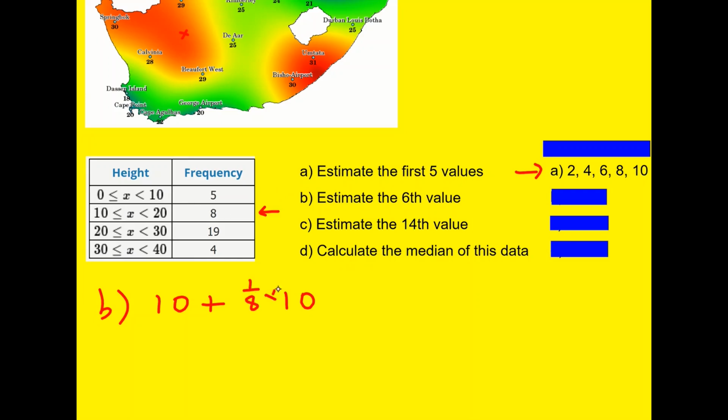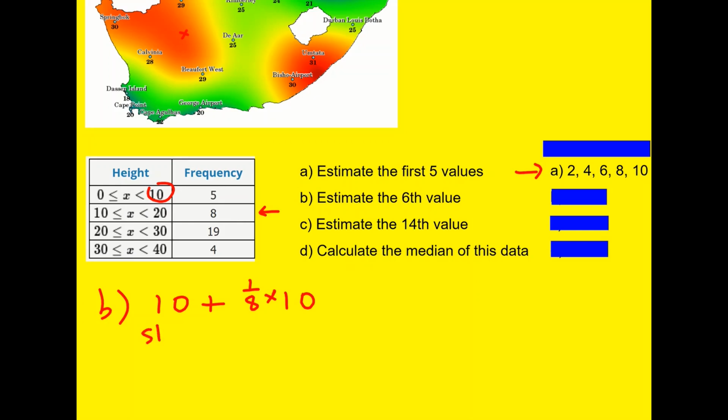So this is our first kind of interpolation within a grouped frequency table. Instead of the starting temperature being 27, we've got this height. This starting height is 10, but then we incorporate the fact that we're going a fraction of the way through, in this case 1/8 of the way through, and we times that by the group width.